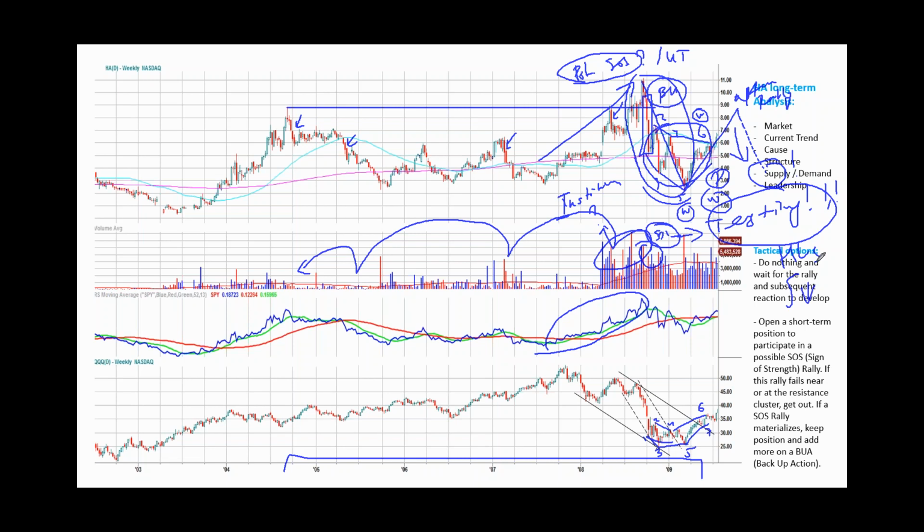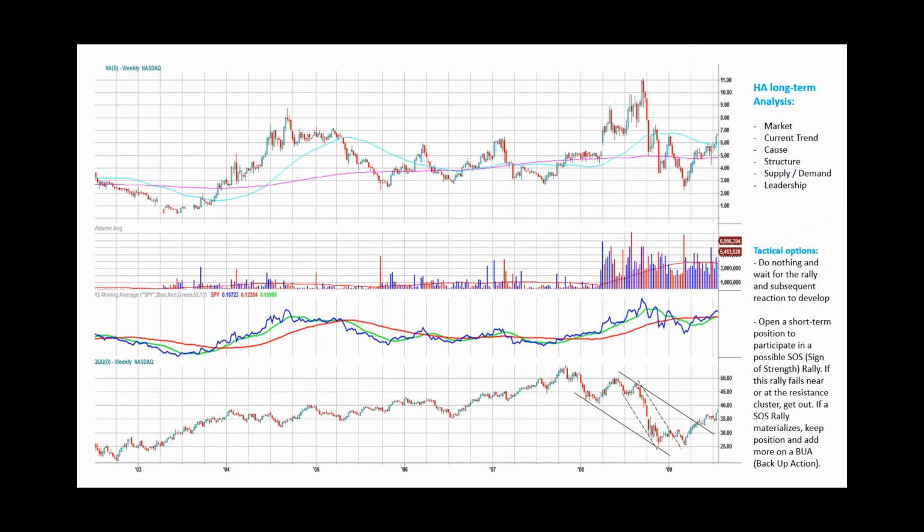Now, tactically, in terms of, let's say, us opening a position right here, in both scenarios, whether it's going to be a true sign of strength rally, and it's going to come either to target 1, target 2, or maybe target 3, or if it's going to be a continuation of the rally and then a failure, short term, we still might be okay for this short-term position.